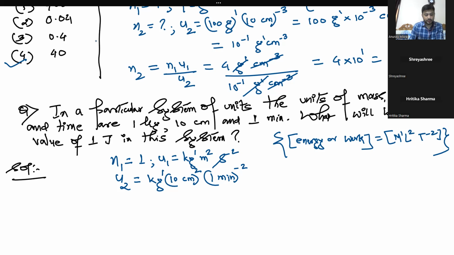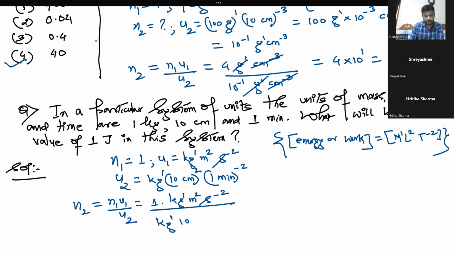So now we can use the formula that N2 will be equal to N1 U1 divided by U2. Our N1 is 1. U1 is kg meter square per second square. U2 is kg, 10 squared becomes 100 centimeter square, and 1 minute to the power minus 2.